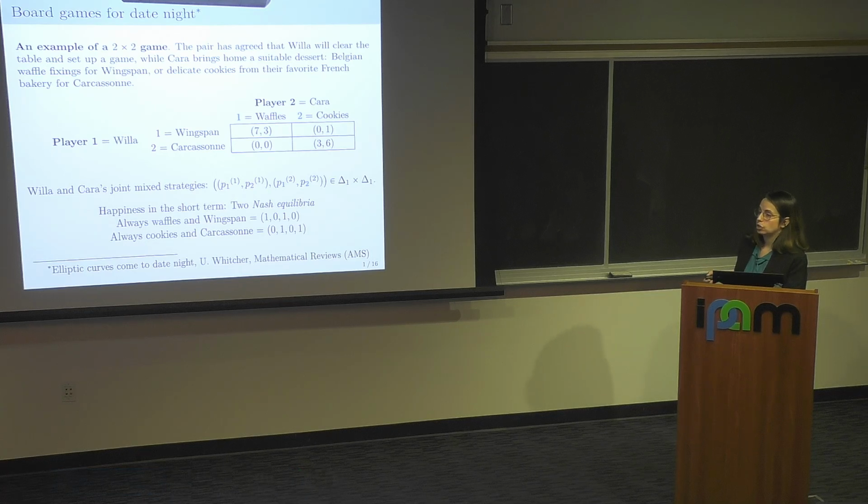My best strategy here is to put Carcassonne, because 3 is bigger than 0. And Kara is doing the same thing at the same time. So all the players are looking at all possible strategies and maximizing their happiness in some sense. That is the intuitive idea of looking at good strategies, which are going to be called equilibrium points of the game.